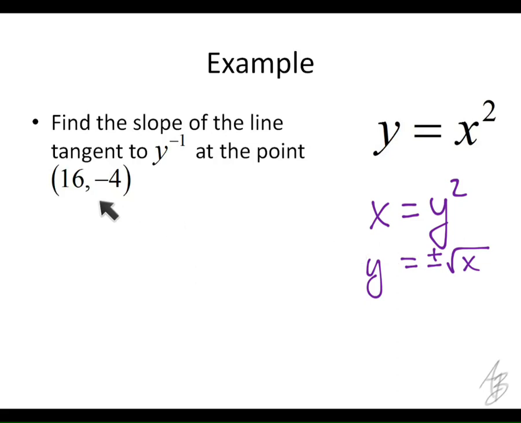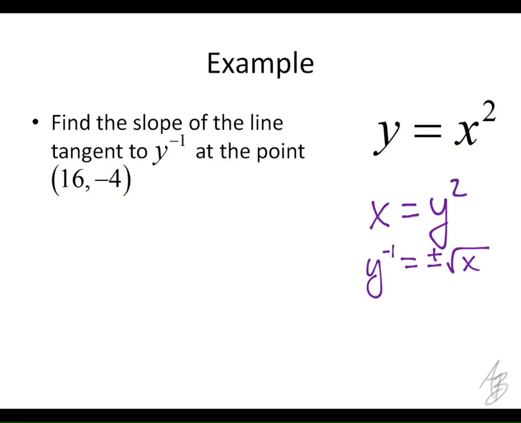So in this particular problem, I had to give you the y value also so that you knew which one to use, because we get two different points here. So when x equals 16, you get a point at 16, positive 4, and you get another point at 16, negative 4. To show that this is the inverse, we'll go ahead and just put a negative 1 up there. So the inverse of y equals x squared is going to be plus or minus the square root of x.